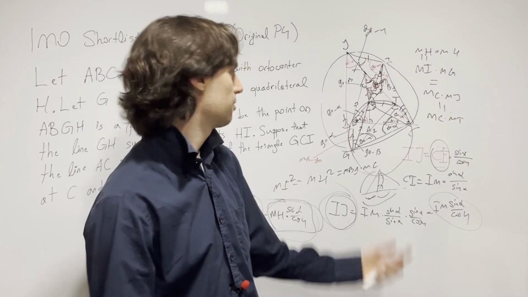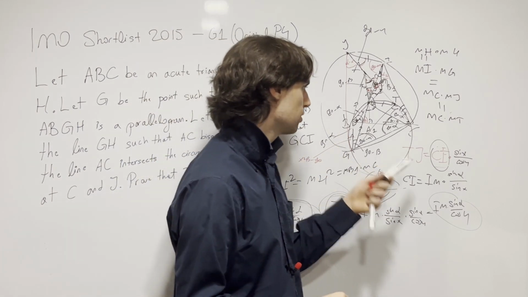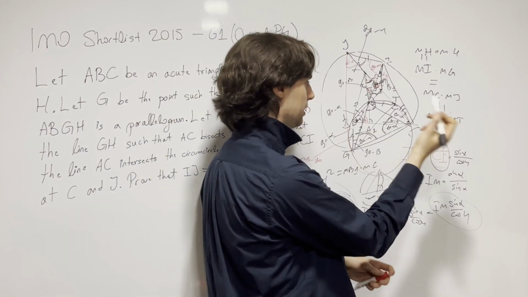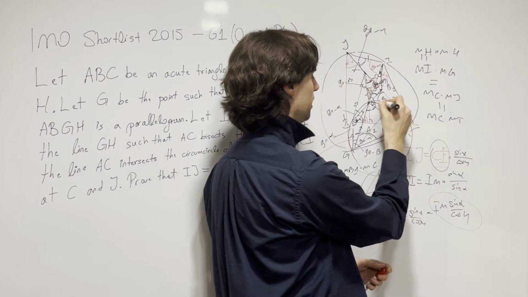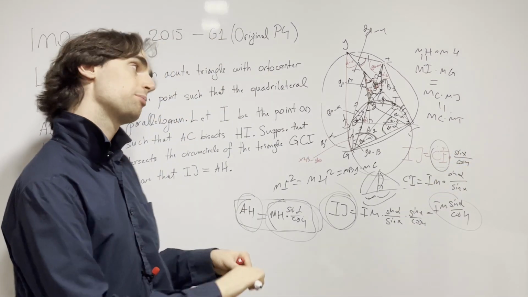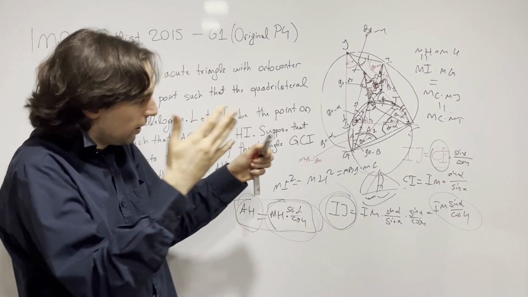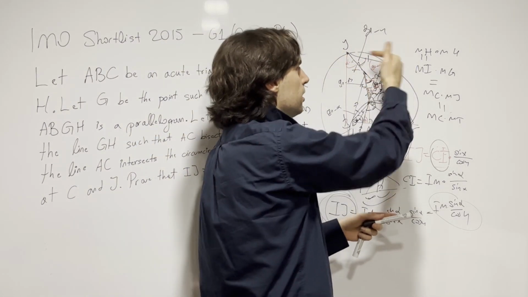And then that you have from angle chasing, in fact, this is 90 minus gamma. So this angle right here is also 90 minus gamma. And then this is equal to this. And you're done.